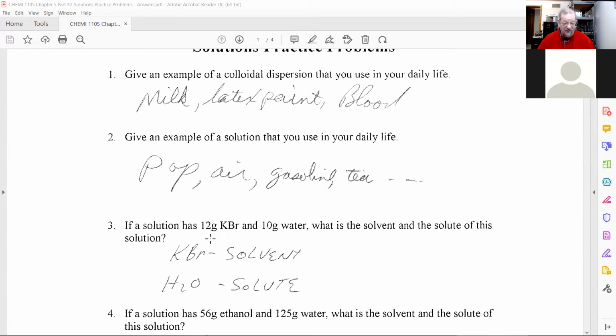So if I have 12 grams of potassium bromide, KBr, and 10 grams of water, H2O, which is the solvent, which is the solute? Surprise, it's not water. KBr is the solvent and water is the solute.